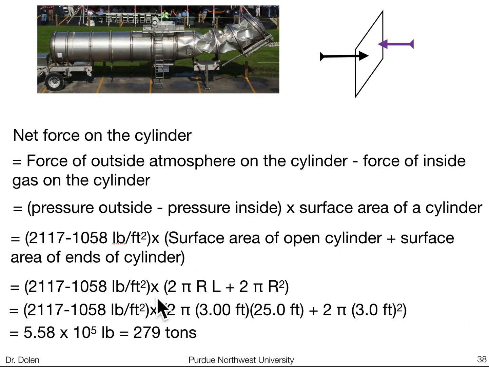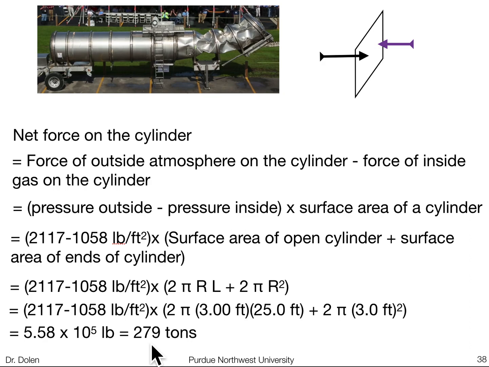And now I can plug in some theoretical numbers where the radius of the cylinder is 3 feet and the cylinder is 25 feet long. When I do that, I get that the net force affecting the cylinder is 5 times 10 to the 5th pounds, or 279 tons. So an enormous amount of force is affecting the cylinder, which causes it to crush.